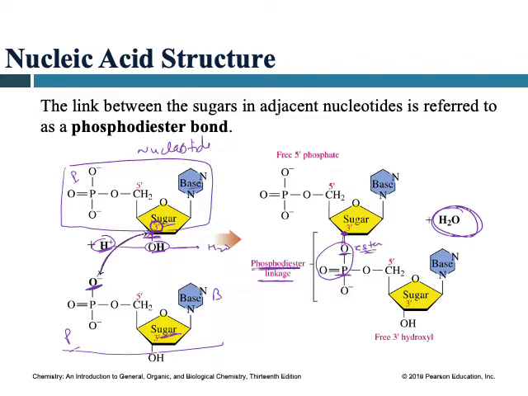And then this is the second ester linkage. So you have two ester bonds between two nucleotide molecules. That's why it's called phosphodiester linkage, right? So make sure you remember that the bond normally used to join two nucleotide molecules together is a phosphodiester bond.